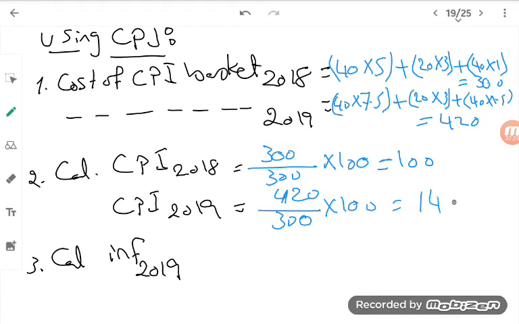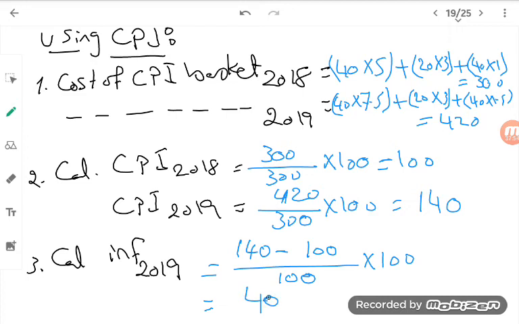It's 140. Inflation rate will be CPI in 2019, which is 140, minus CPI in 2018, which is 100, divided by CPI in 2018, which is 100, multiplied by 100, it's 40%.